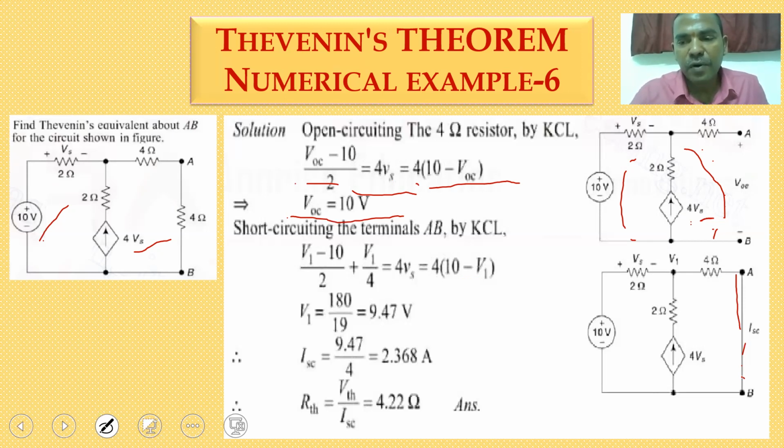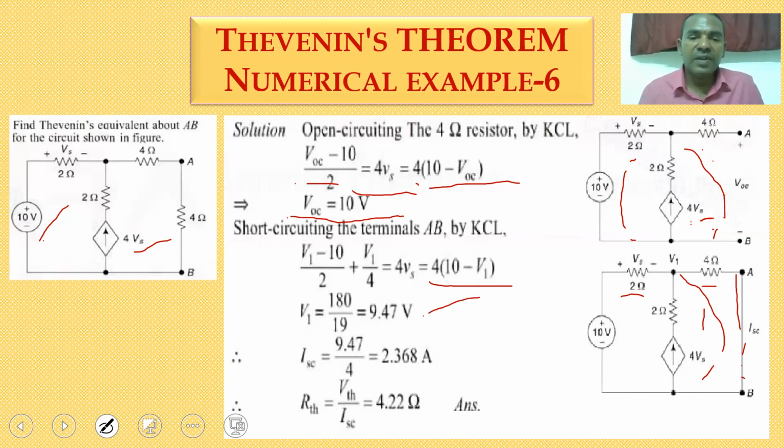And what is this current? 4V8 is the other current, so again the same thing, 4 times (10 minus V1). VOC is the same as V1 only, the potential across is V1 only. So 10 minus V1. Now you can get V1 is equal to 180 divided by 19, or 9.47 volts.